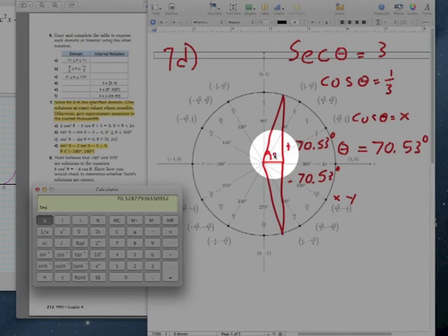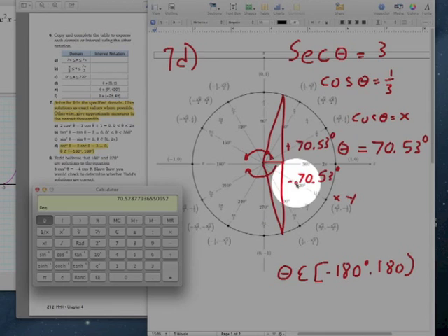Now we just need to double check, can I go past 180 degrees and get to this one when it's just past 270? If you remember, theta belonged to negative 180 degrees and positive 180 degrees non-inclusively. That means you get to go once around this way, so you're only going to hit this triangle, and then once around this way, so you only hit this triangle. So these are your two solutions.